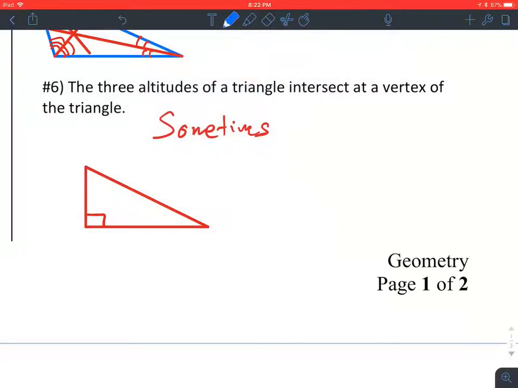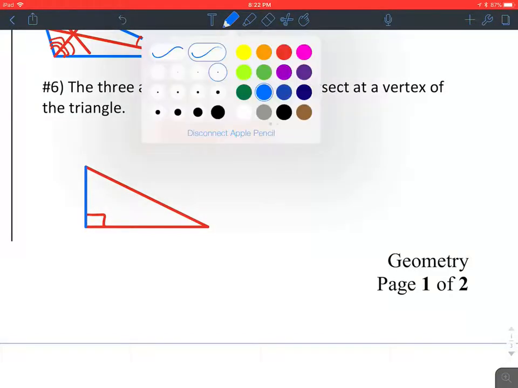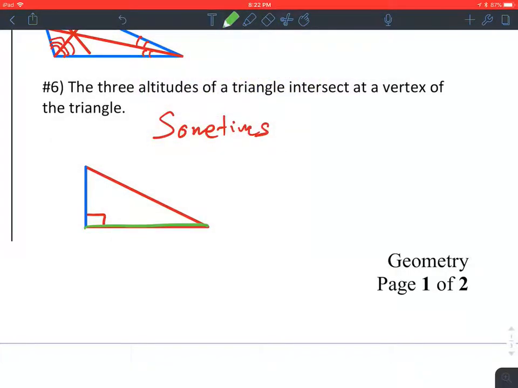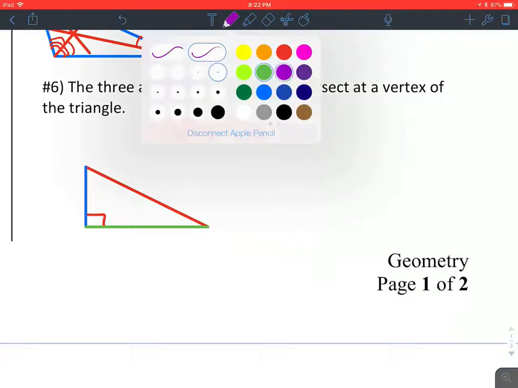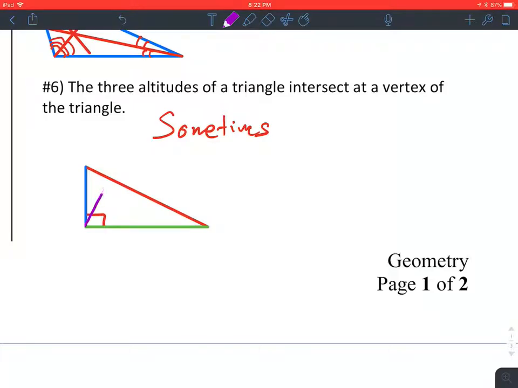This is an example of it happening. So this is an altitude, this blue segment. This green segment's an altitude. Goes from a vertex to the opposite side, forming a perpendicular. And then this purple one would also be an altitude. They're all intersecting at this same point right here.